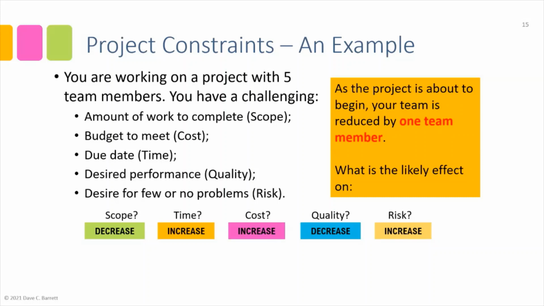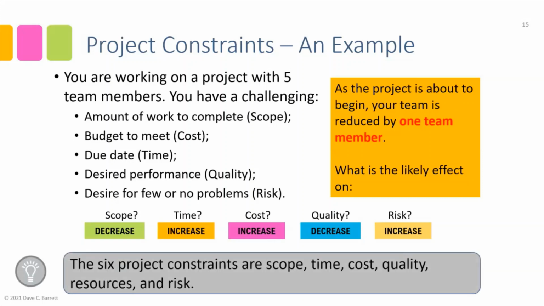But on average, these relationships play out, and it's the job of the project manager to manage these and understand these pressures and help the project sponsor and the organization make appropriate decisions. Okay, so the key idea, the 6 project constraints are scope, time, cost, quality, resources, and risk. And it's important for project managers to understand that.